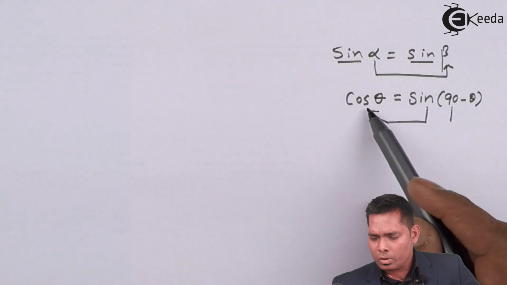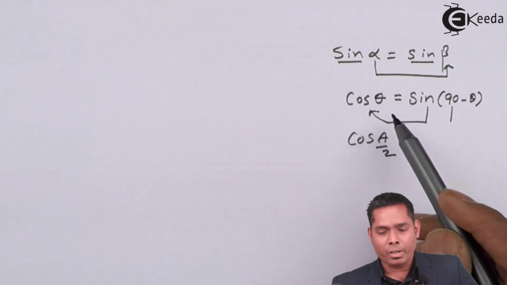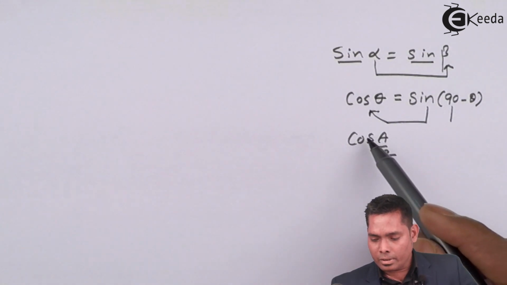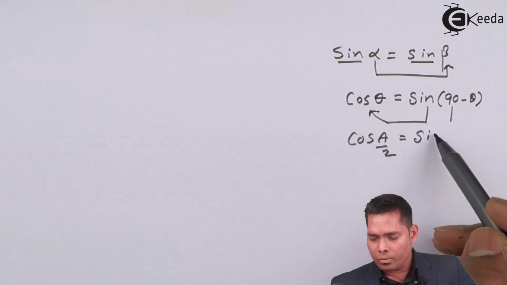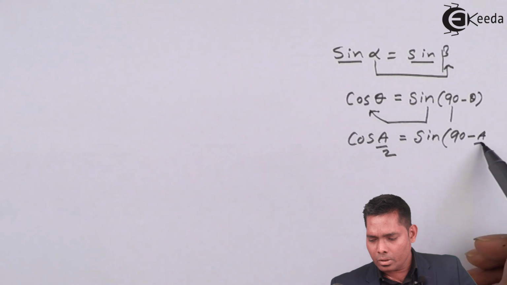So in place of cos of A by 2, theta is A by 2. So I assume this is my theta, then this will be written as sine of 90 minus theta, where theta means A by 2.